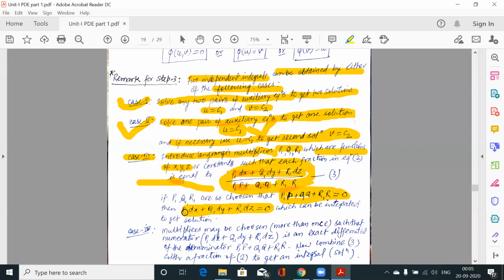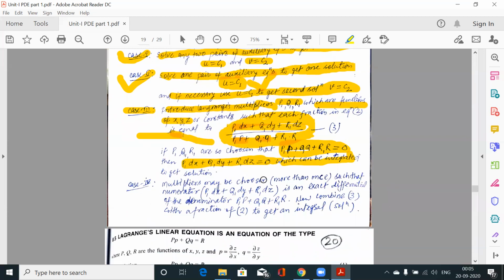We choose P1, Q1, R1 so that the denominator is 0 and the numerator is integrable. That is our objective.